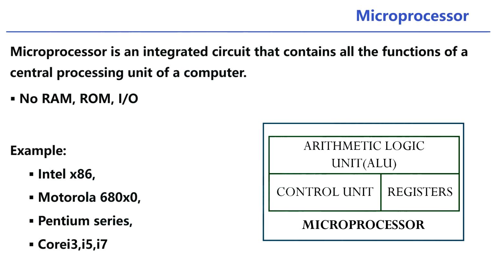A microprocessor, we can say, is only the CPU. A microcontroller means CPU plus memory plus input-output, all in one chip. That is the main difference between a microprocessor and a microcontroller.